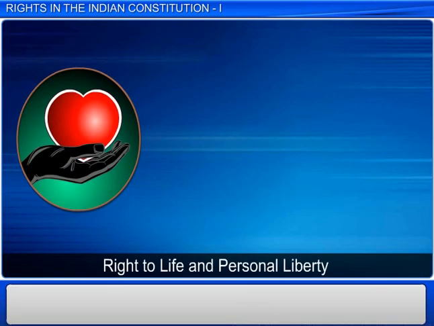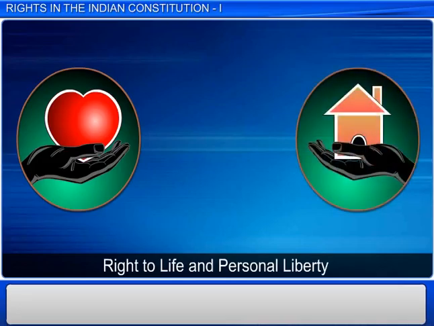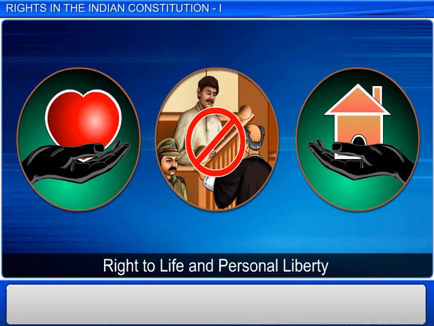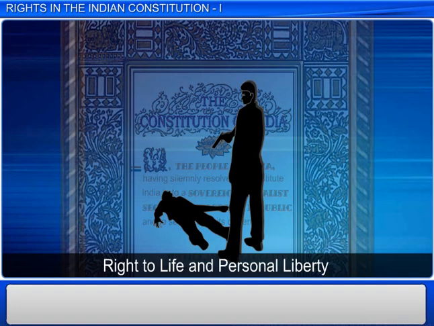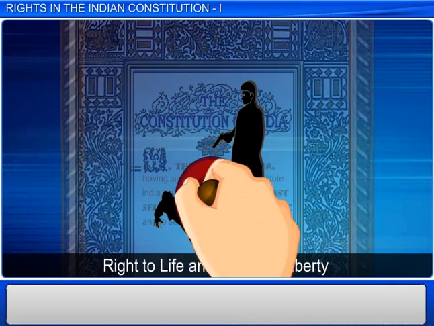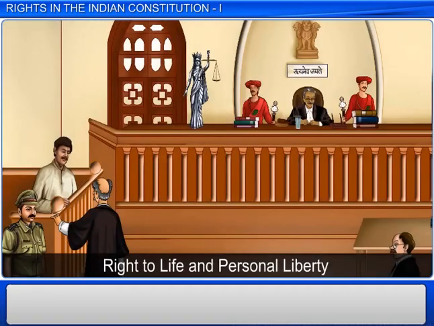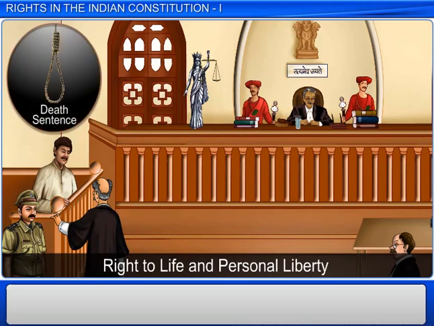Other than these 6 rights to freedom, the Constitution also grants all citizens of India the rights to life and personal liberty. However, this excludes citizens undergoing a legal procedure. According to this right, it is a criminal offence to kill any person except under a death sentence issued by the court of law.